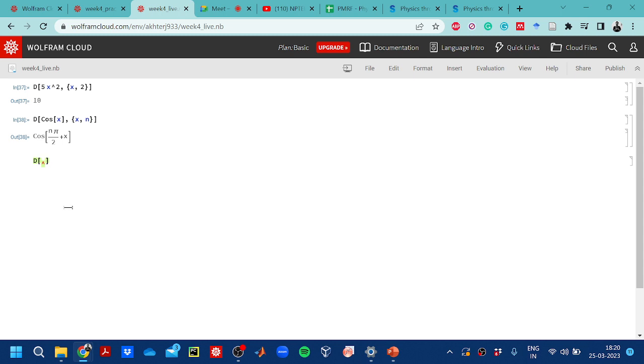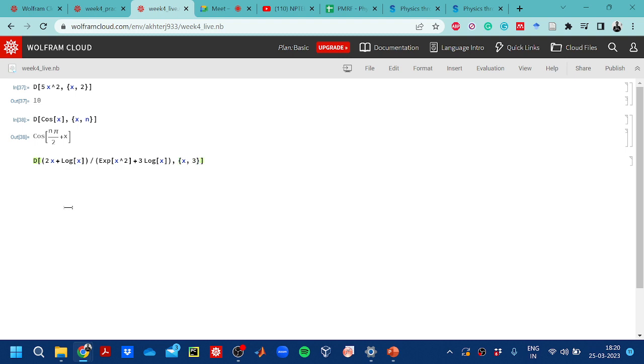So let us write down a function: 2x plus log x divided by e to the power x square plus 3 log x, and suppose we want to calculate its third order derivative.